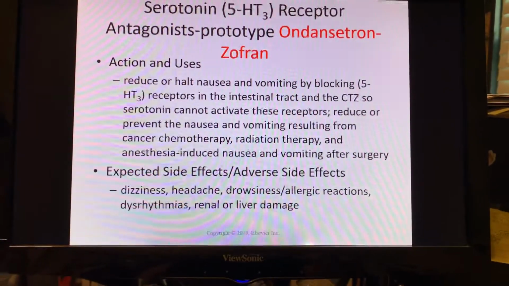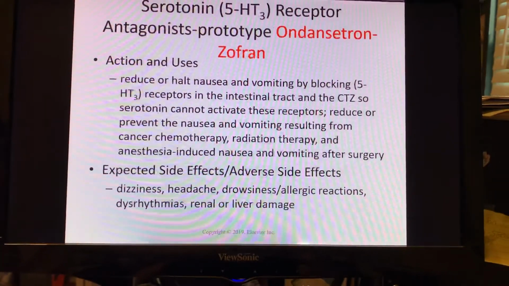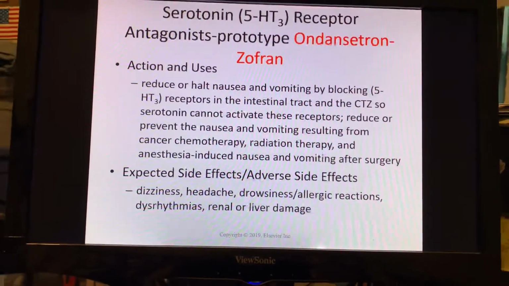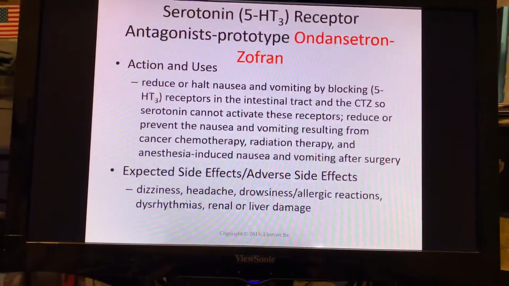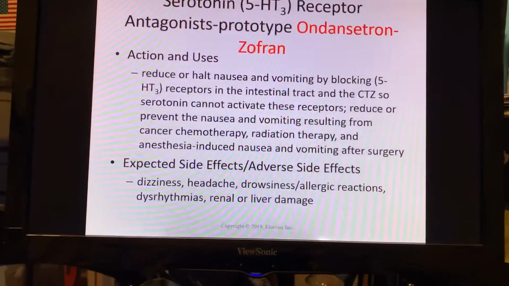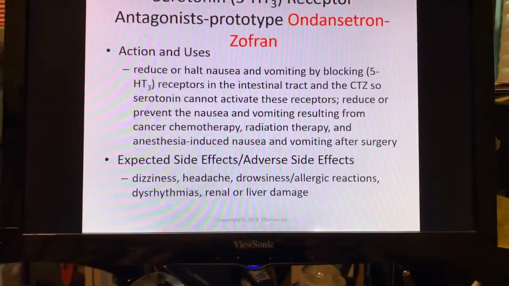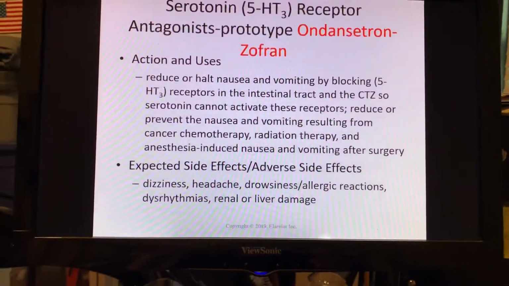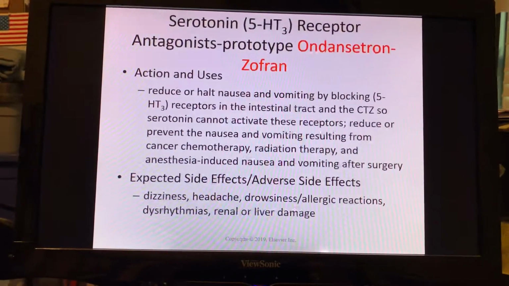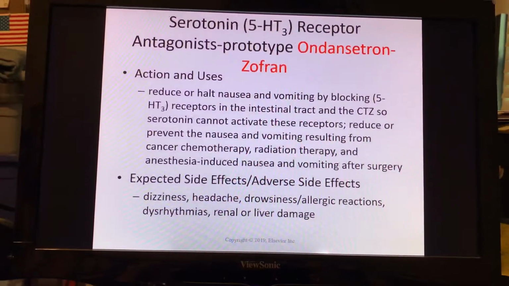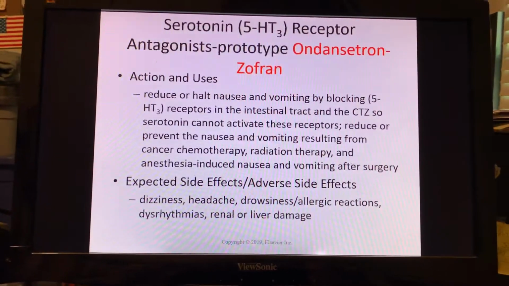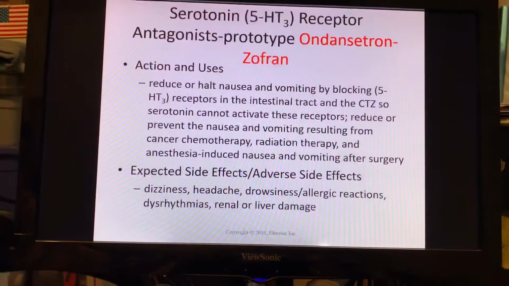So what the serotonin receptor antagonists do is to try to either cut down or stop completely nausea and vomiting by blocking serotonin receptors in the intestinal tract. There are also serotonin receptors in the chemoreceptor trigger zone. So if these drugs can block serotonin from getting into these receptors in the brain and the GI tract, serotonin won't activate these receptors, and so that helps cut down on the nausea and vomiting.